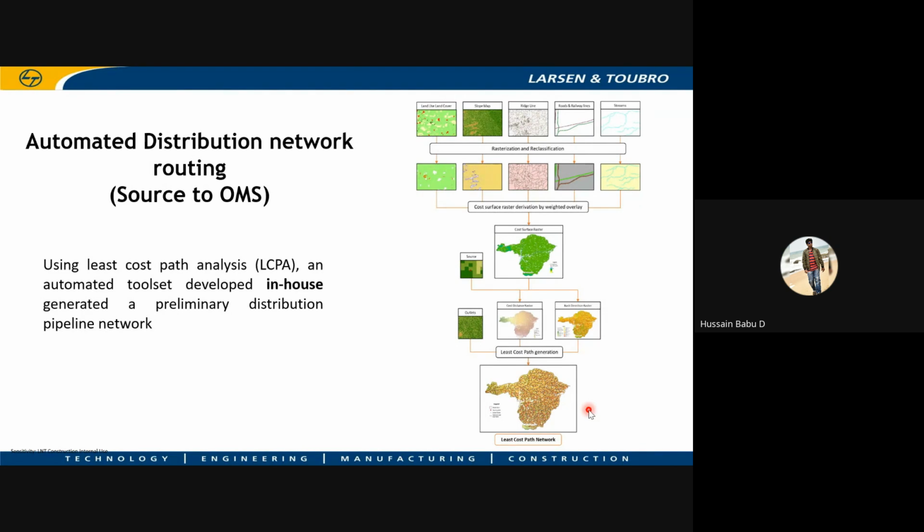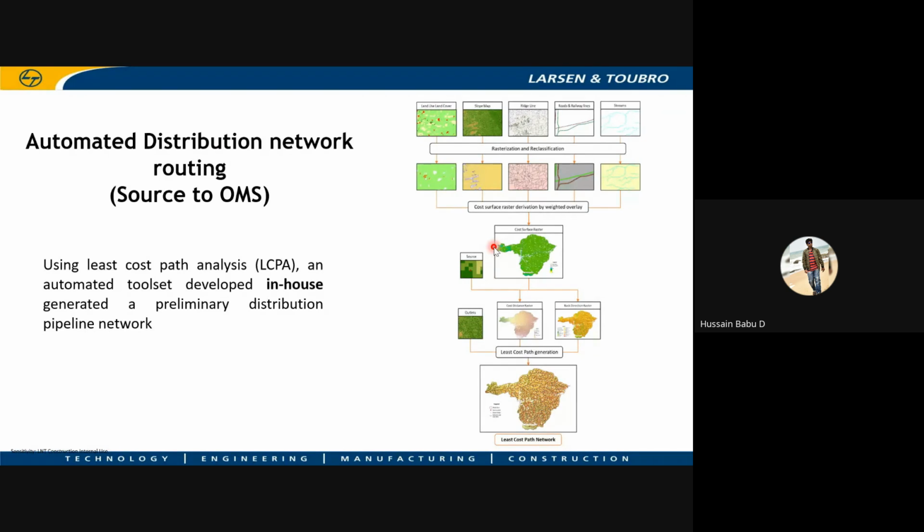Earlier, when doing it manually, there was only manual perception. We could route the pipe anywhere as we liked, and then multiple iterations would correct this line. Even after finalizing the pipeline routing, we couldn't be sure that it was the minimum length by which we could achieve this command area.